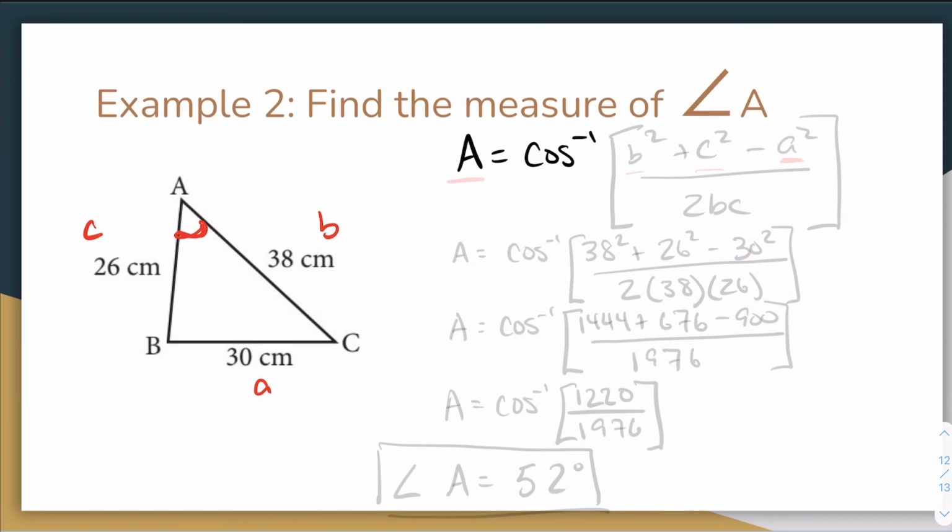A equals cos inverse of b squared plus c squared minus a squared over 2bc. Make sure you have angle A and side A in those two spots. These first two numbers that are being squared and added together are the sides that are containing angle A that we're trying to solve for.